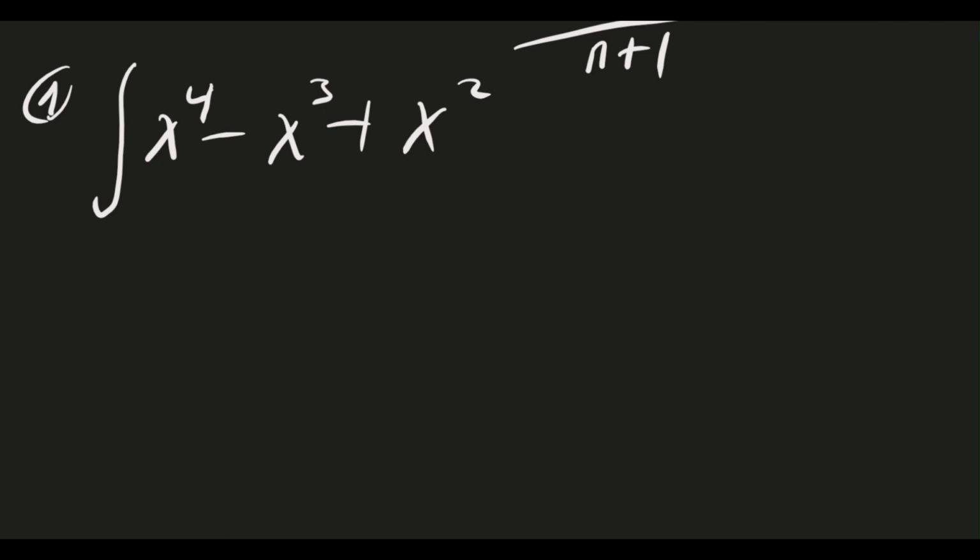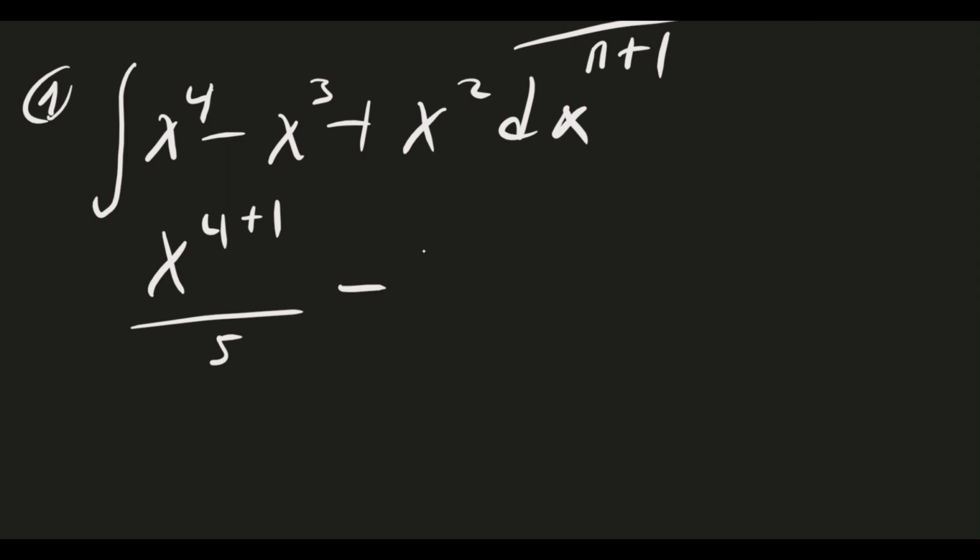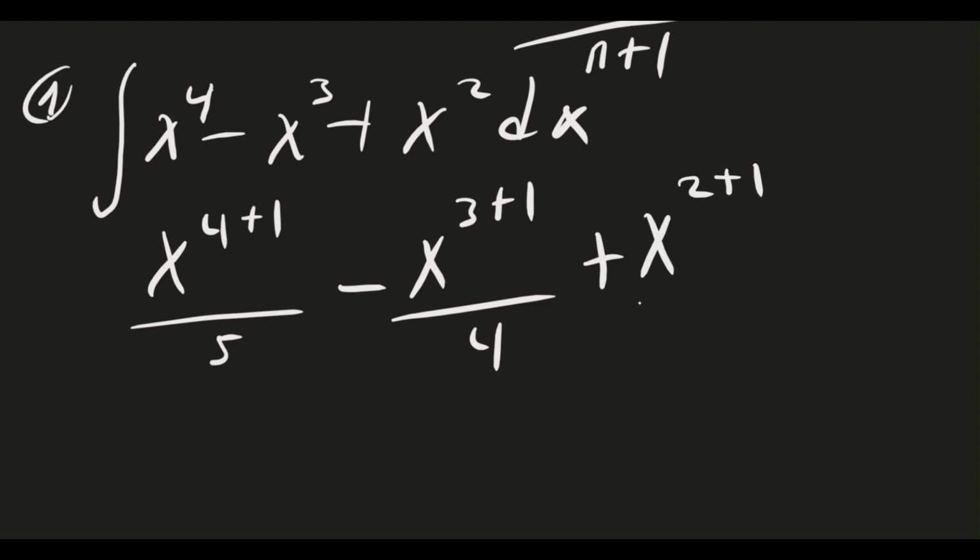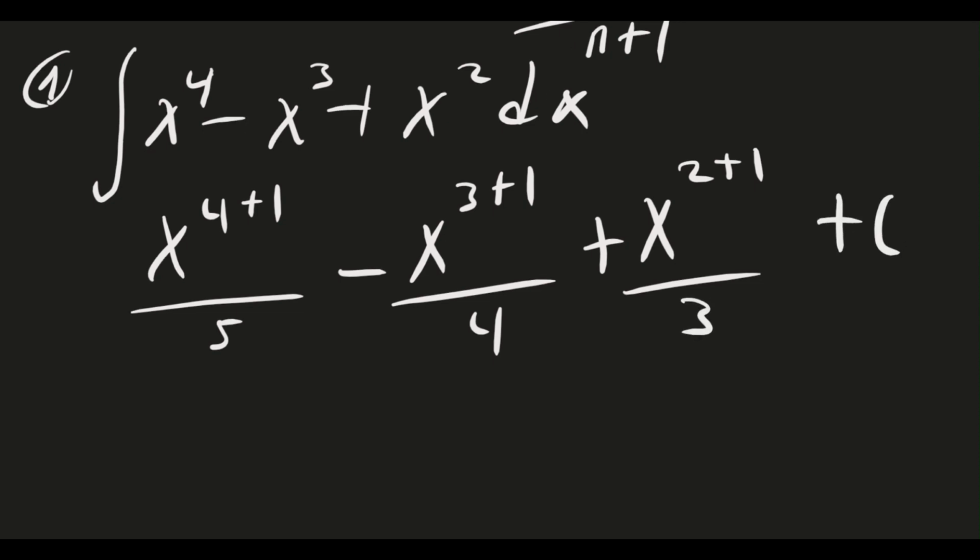By using the power rule, we can say that this is going to be x raised to the power of 4 plus 1 over 5, minus x raised to the power of 3 plus 1 over 4, plus x raised to the power of 2 plus 1 over 3, plus the constant of integration.